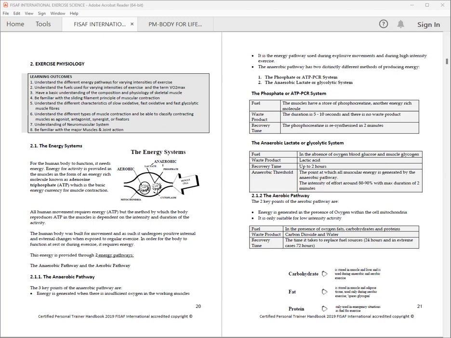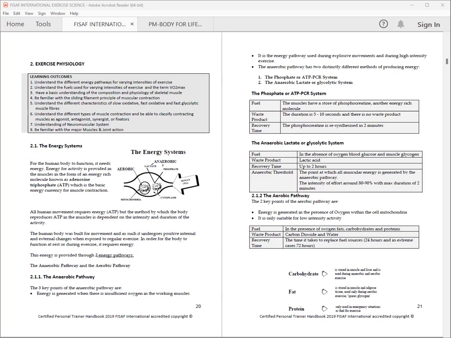So we need ATP, which is in your cell already. Depending on what we do, we have two energy systems. One is called the aerobic energy system, and the other one is called the anaerobic energy system. Air is air. Aerobic means you need oxygen to use this energy system and to use that fuel for energy.